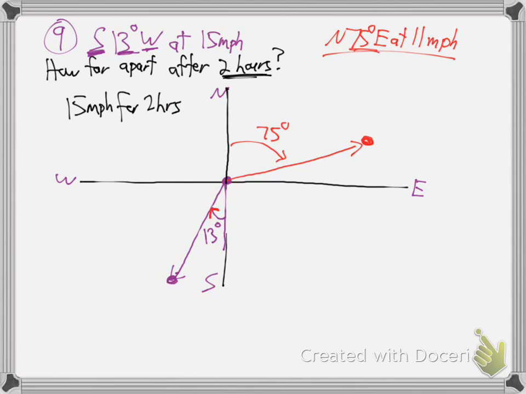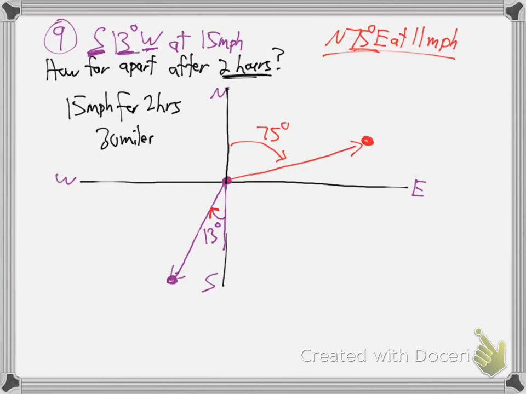How far will I go? Not very far, huh? 15 miles per hour means you cover 15 miles every hour, right? So times 2 would be 30 miles. 15 miles the first hour, 15 miles the second hour. I'd only get 30 miles in 2 hours.